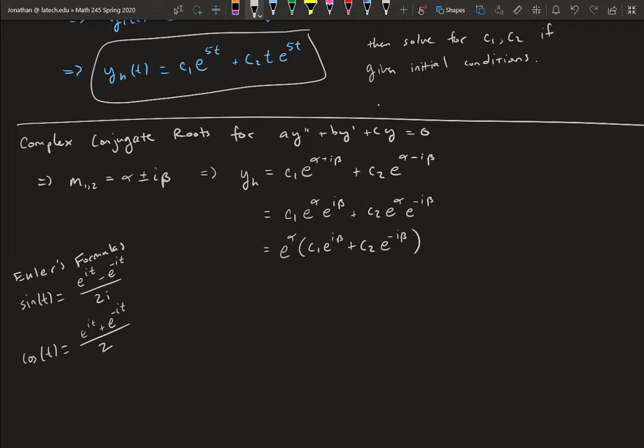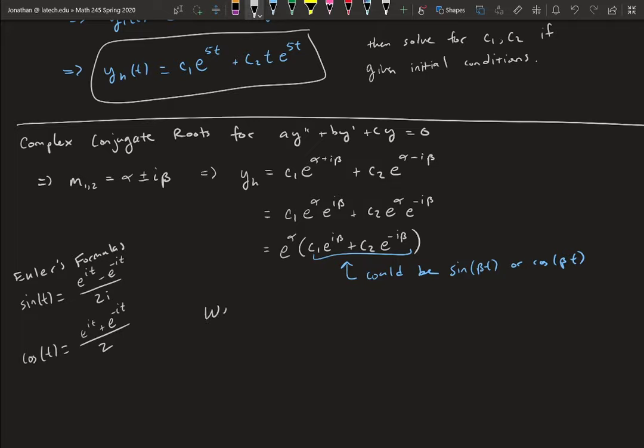So depending on how you combine these two, it could be sine or cosine. So this could be sine beta t or cosine beta t.